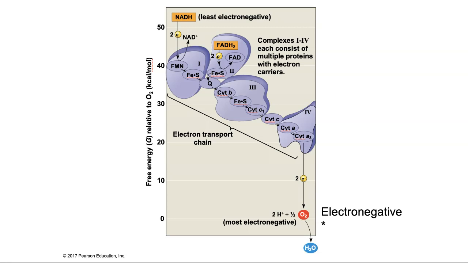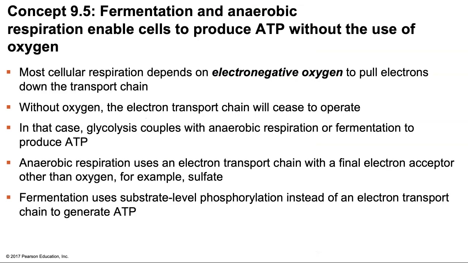Everyone knows that we use our lungs to take in oxygen from the air. It goes into our blood, but I find that people usually don't know why we need oxygen, but here it is. We need oxygen as the electronegative acceptor of electrons at the end of the electron transport chain. So if we have a low oxygen circumstance or there's no oxygen present, the electron transport chain will cease to exist, but we still do have a way of creating some ATP in anaerobic circumstances.